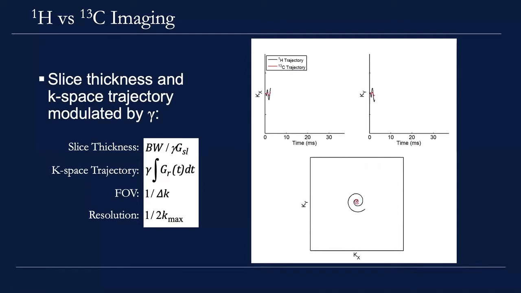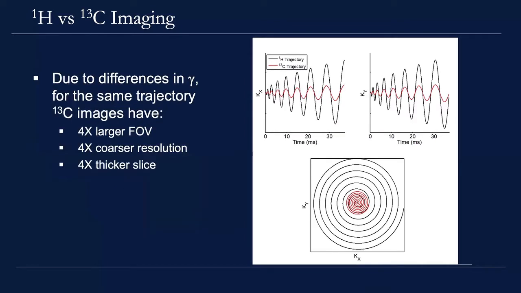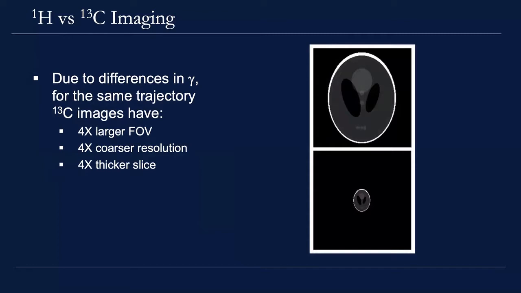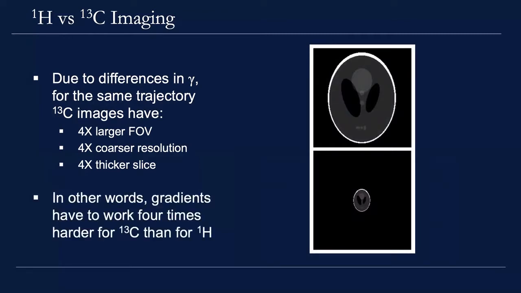So all things being equal, you play the exact same slice select gradient, you play the exact same encoding gradients, you're going to have 4-fold thicker slices or larger FOV, which means your field of view is brought back. In other words, your gradients have to work 4 times harder for carbon than for proton.